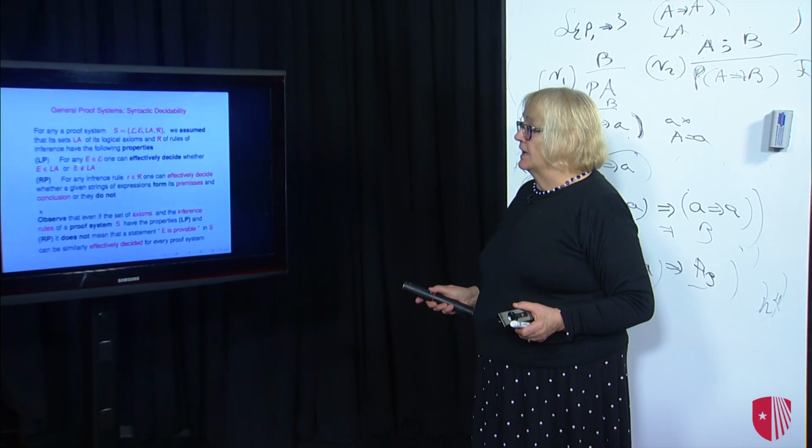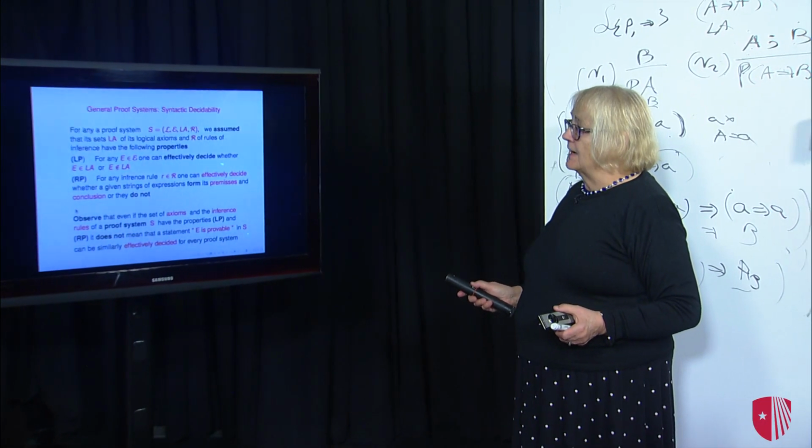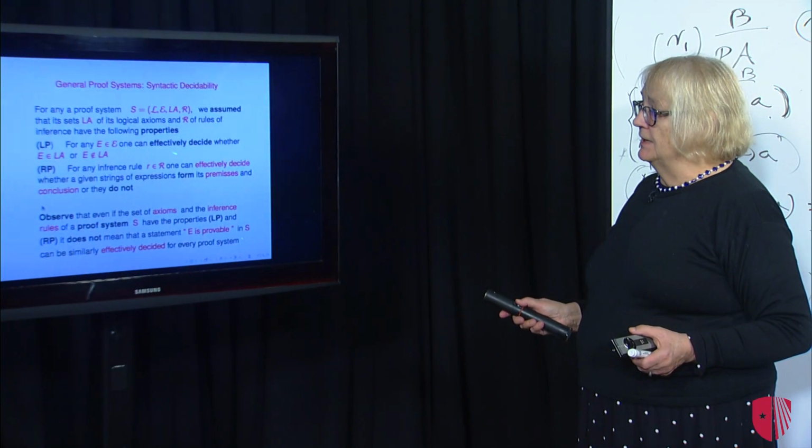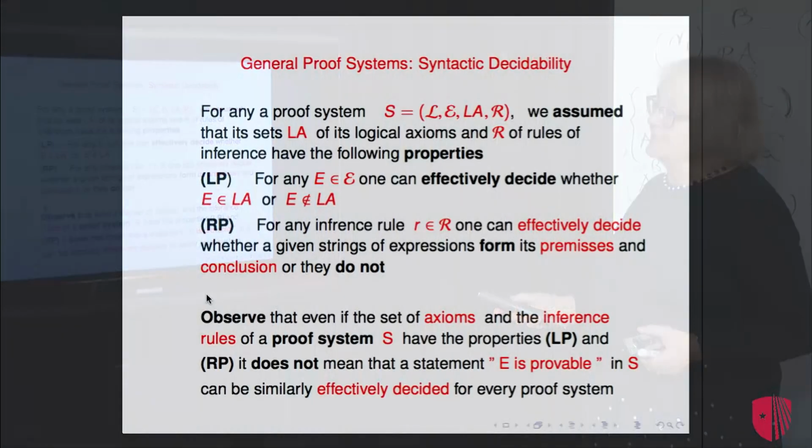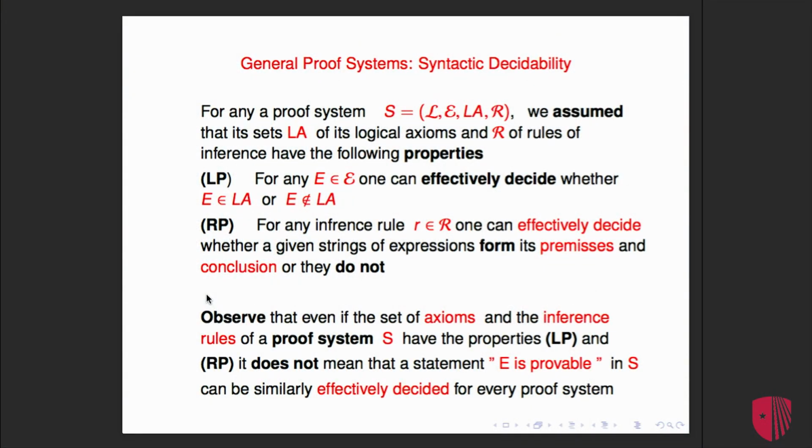First, that for any expression we can effectively decide whether the expression is an axiom or not, because that was our assumption about the system. And for any inference rule, we can also effectively decide whether the strings of expressions form premises or conclusion. So that is, we can recognize what we have already.